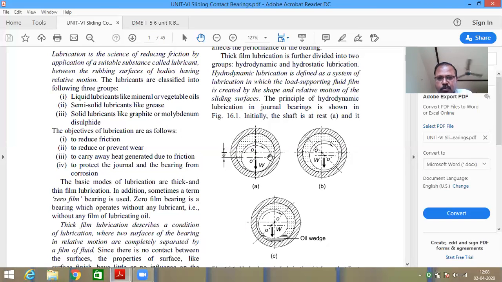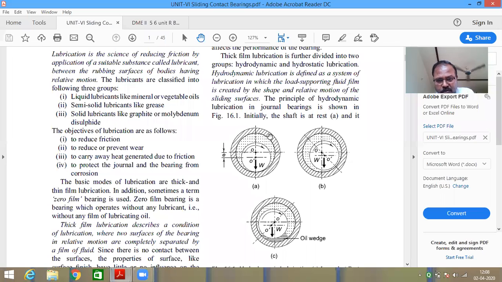Journal is nothing but the portion of the shaft which is supported in the bearing, right? And this hatched hollow one is called as a bearing, right? It has the diameter. So here it's an exaggerated view, right? Actually, there is a very small amount of clearance between this journal and this inner diameter of the bearing, right?